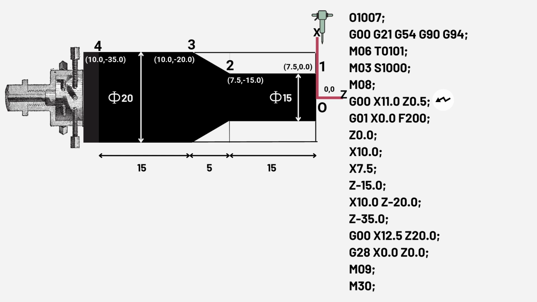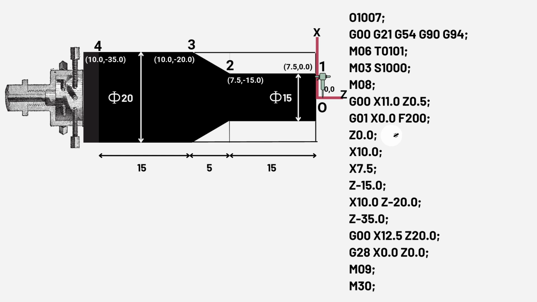Now the machining operation will commence, so the G01 command is invoked, since it's obviously a linear interpolation, and the tool is shifted to datum by using command X0.0. We need to provide a feed rate as well, so we will use F200 for 200 mm per minute feed rate.